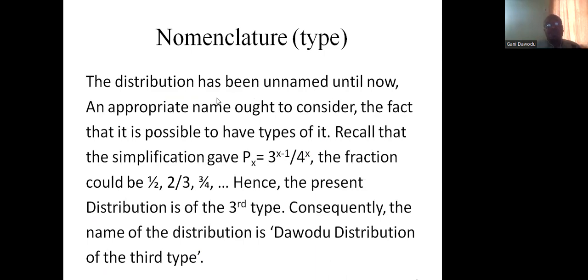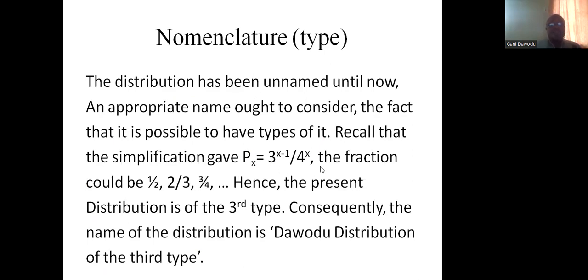Now, nomenclature. The distribution we're talking about has been unnamed since. Well, when we had the function, I showed how it simplifies to this. And in this expression, the fractional part is 3/4.